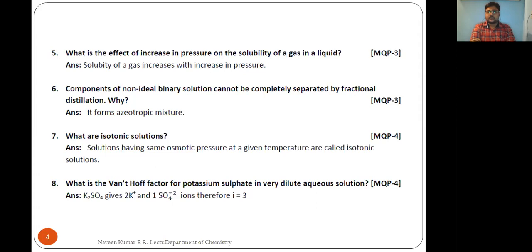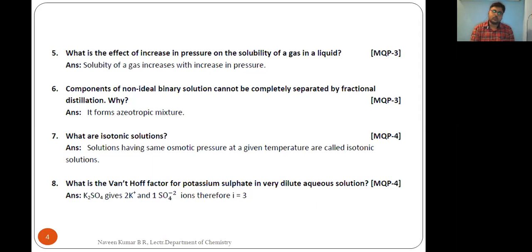If pressure increases, that is, the partial pressure of the gas above the surface of the liquid is more, the solubility of the gas will be more. So pressure varies directly with solubility. Instead of solubility, the expression term mole fraction we have taken. Hence, mole fraction varies directly with pressure, or solubility varies directly with pressure. If pressure increases, solubility also increases. A directly varying relationship we can observe here.